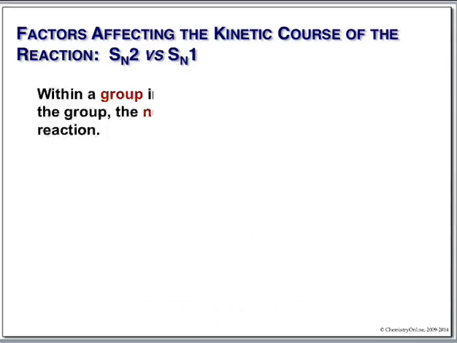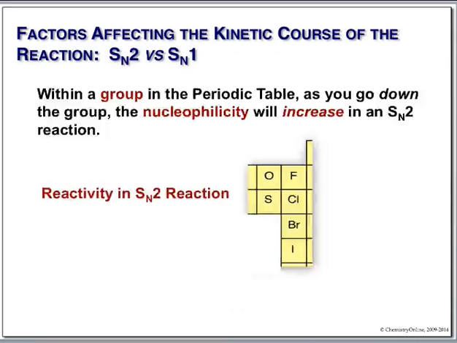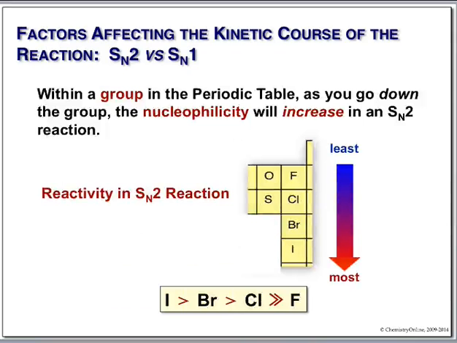If you're dealing with something that isn't oxygen, you can look at your periodic table. In general, as you go down a group, these become much, much better nucleophiles at Sn2. So iodide is much, much better than chloride.